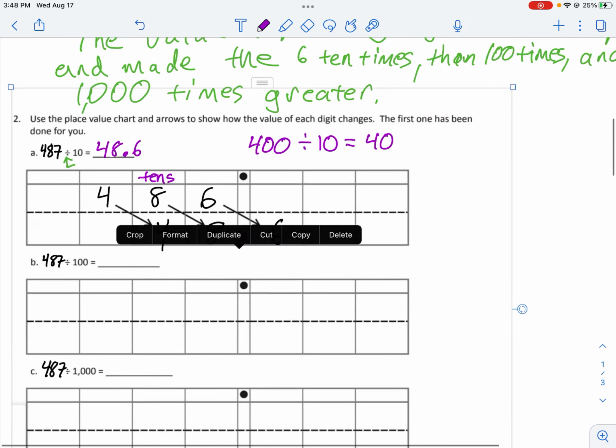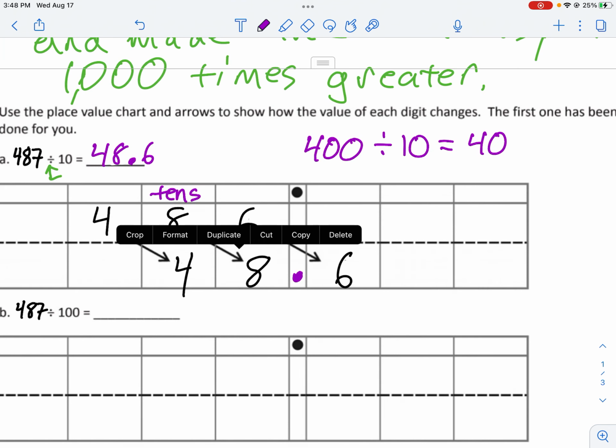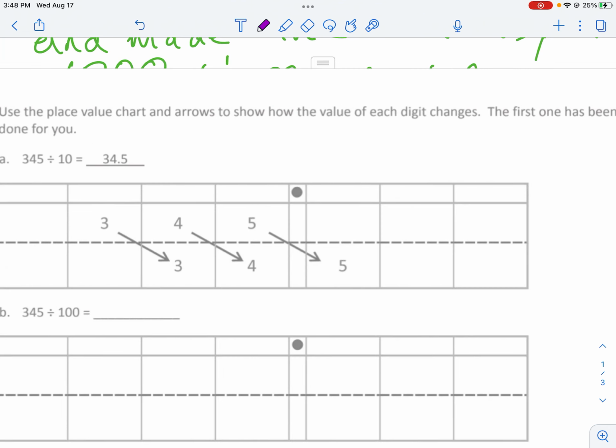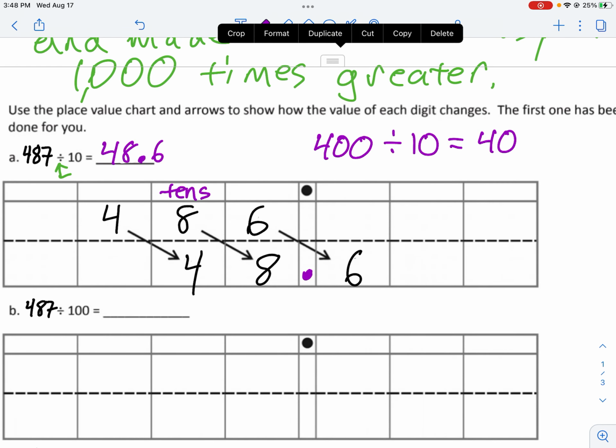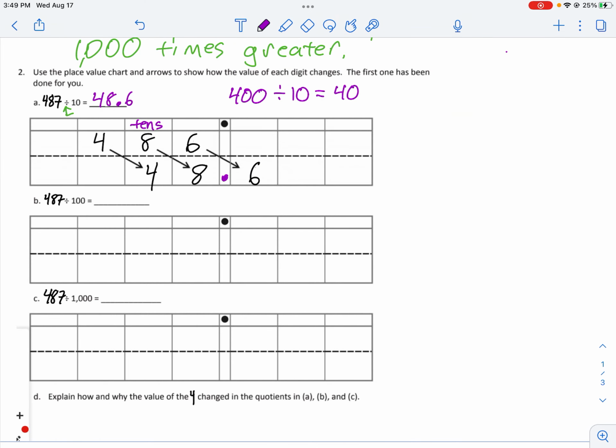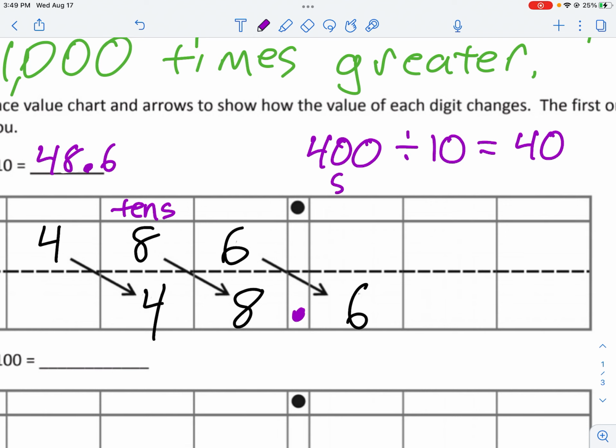And if we divide 80, which is where the 8 is, 80 divided by 10, we know that there's 8 ones. And that's where the 8 landed, in the ones place.